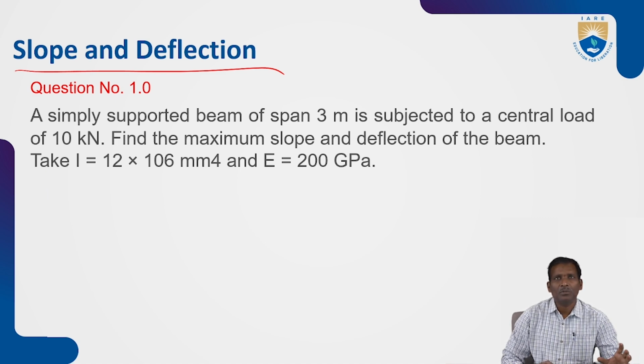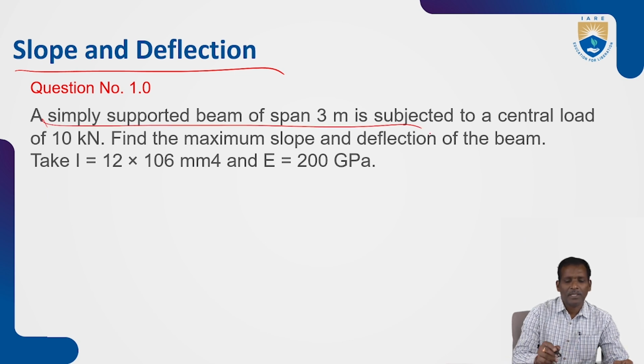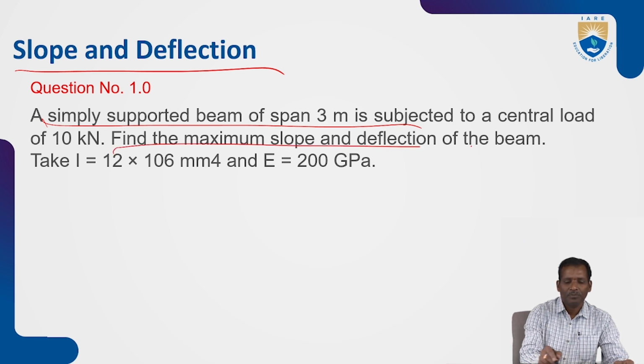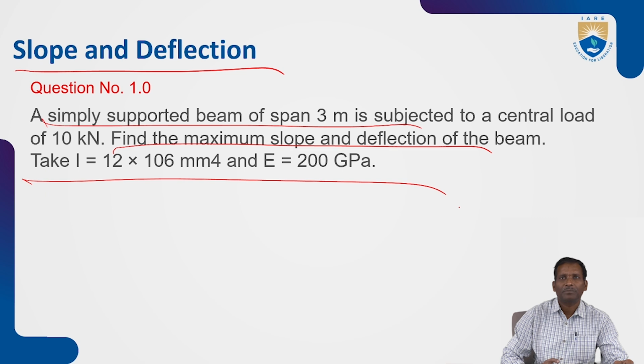So how to attempt the given question when asked for the slope and deflection calculation. In this problem, a simply supported beam of span 3 meters is subjected to a central load of 10 kilonewtons. Find the maximum slope and deflection of the beam.